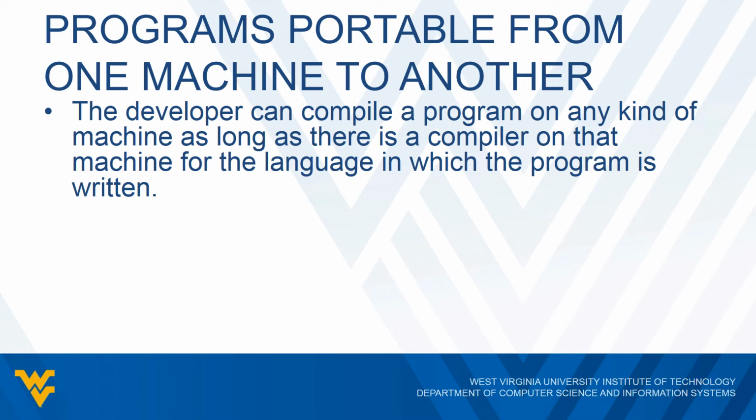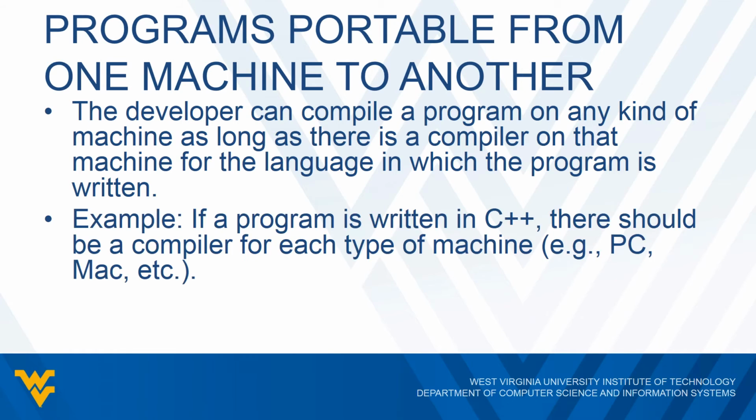As long as there's an existing compiler for that target machine, we can make our programs work for that machine. For example, if we have a program written in C++ and the program developer wants to sell the program to be used on a variety of computers, the developer needs to compile that same program on a PC using a C++ compiler for the PC.